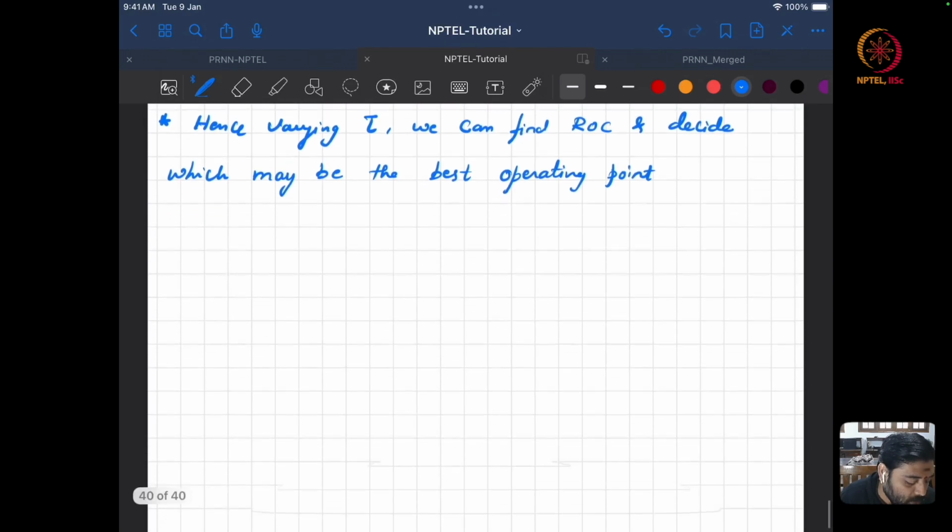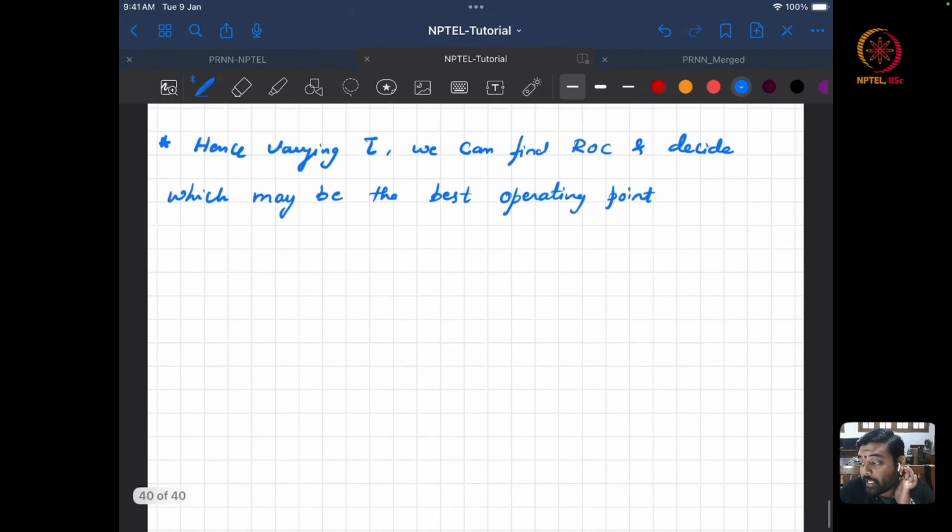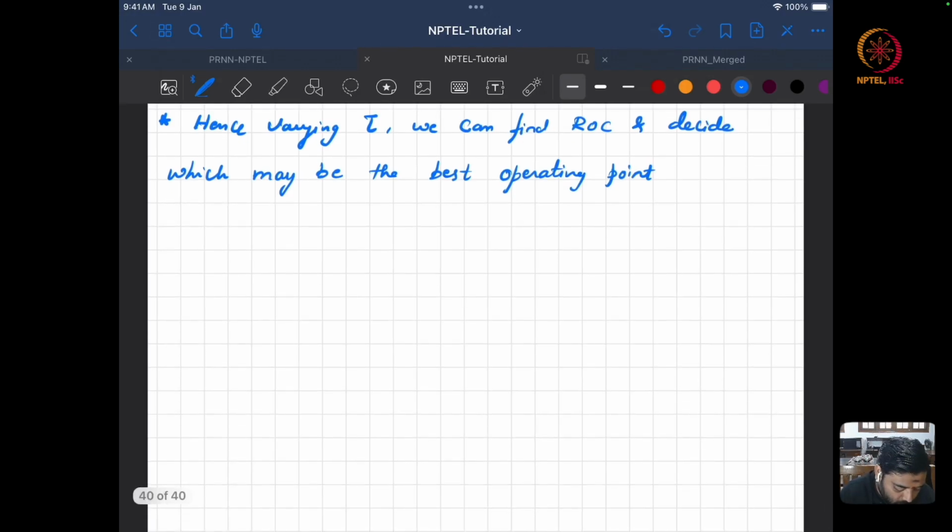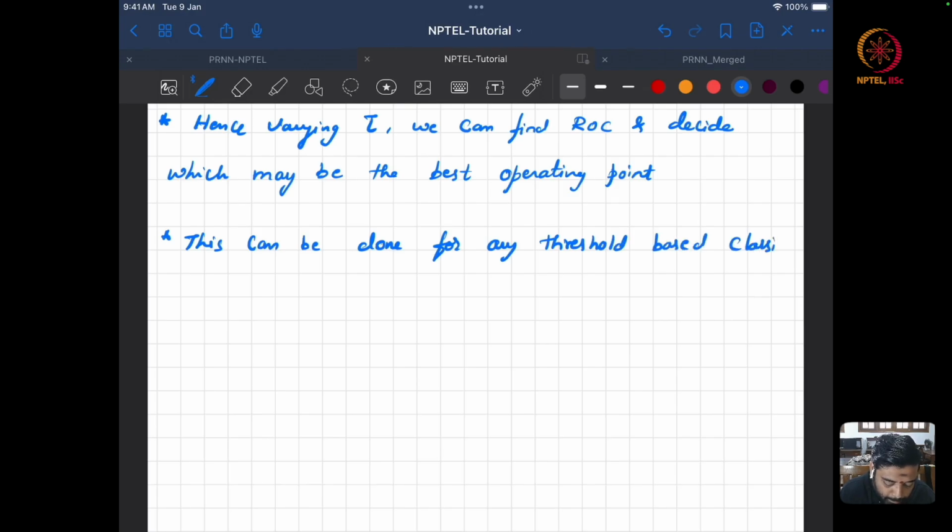Now, as you can see, this can be done for any threshold-based classifier, irrespective of class conditionals.